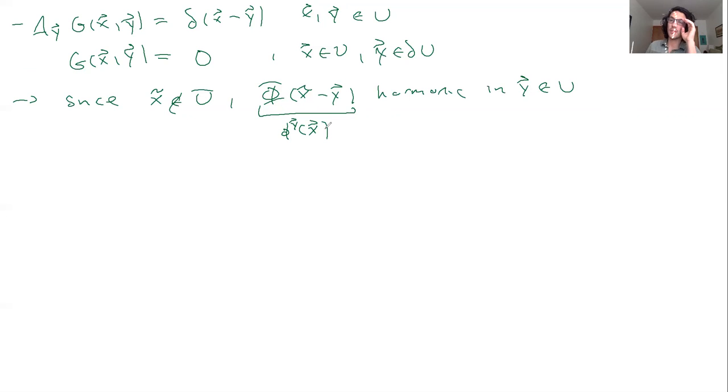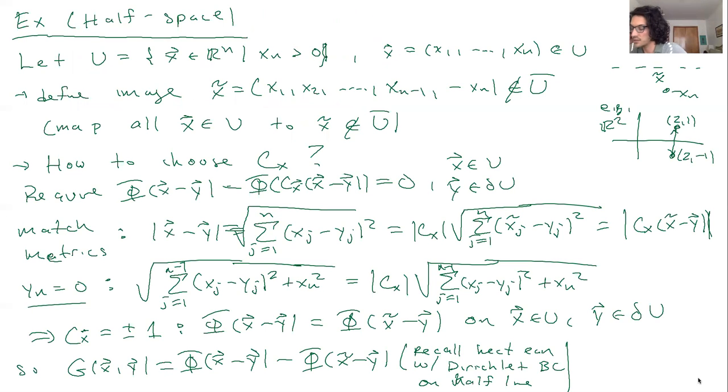So I think we're at time. Let me talk back through how that worked. We know the fundamental solution to our PDE, and that's going to be part of the Green's function. The correction, in order to account for the boundaries, needs to be a function that has the same value, for the same x and y, when y lives on the boundary, and only when y lives on the boundary.